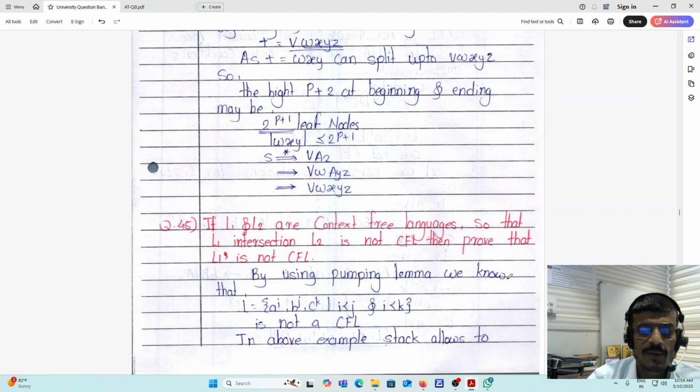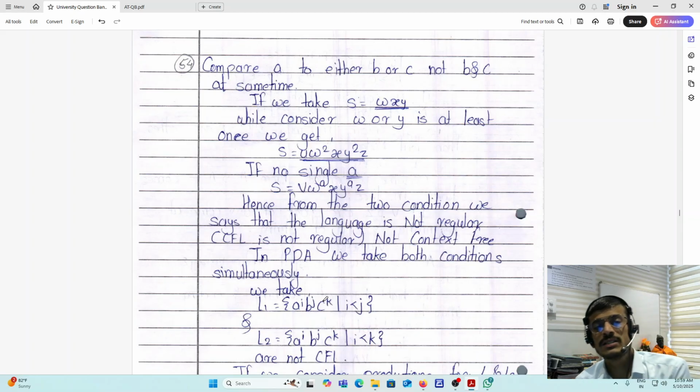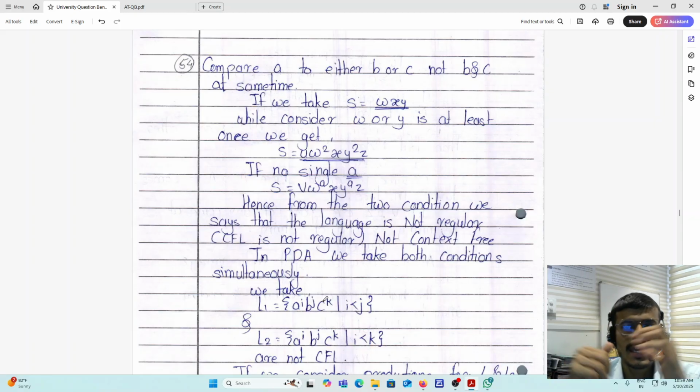By the concept of the pumping lemma, we know that a raised to i, b raised to j, c raised to k for i less than or equal to j and i less than k is not a CFL. In the above example, the stack allows comparing a to either c or b, not b and c at the same time.